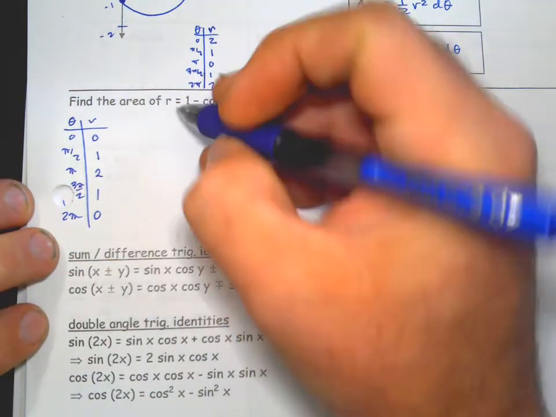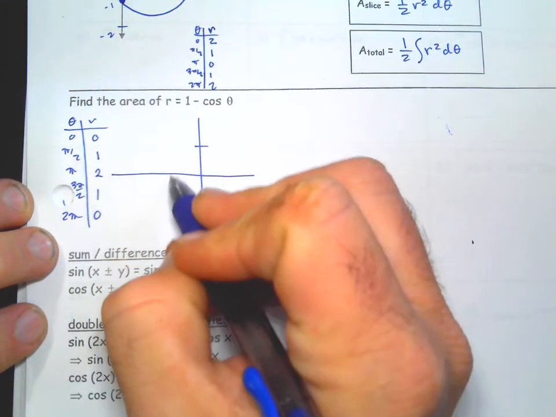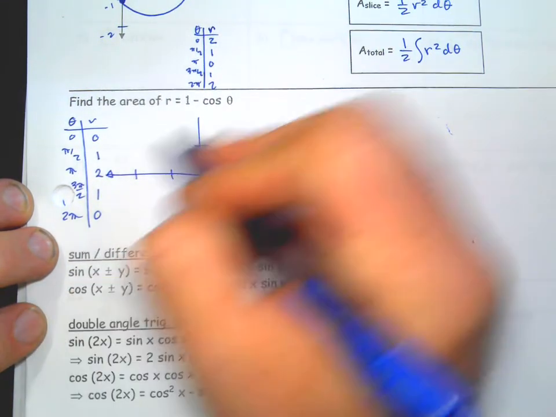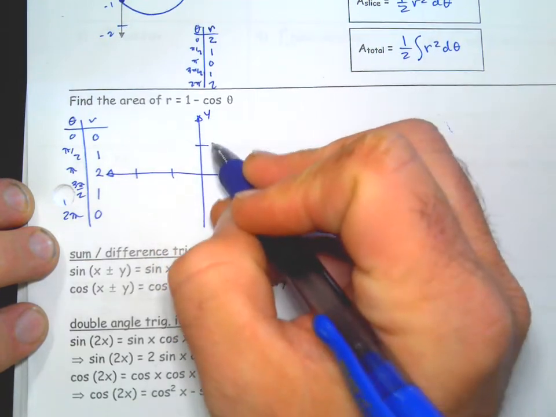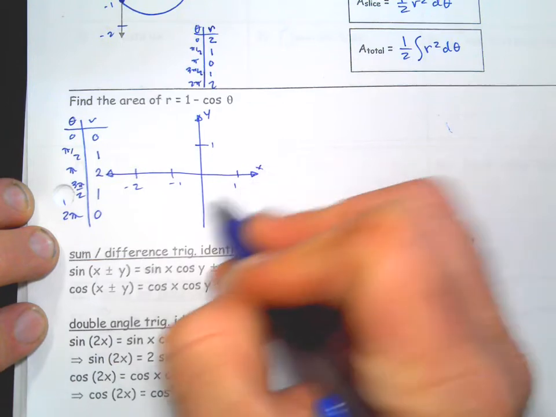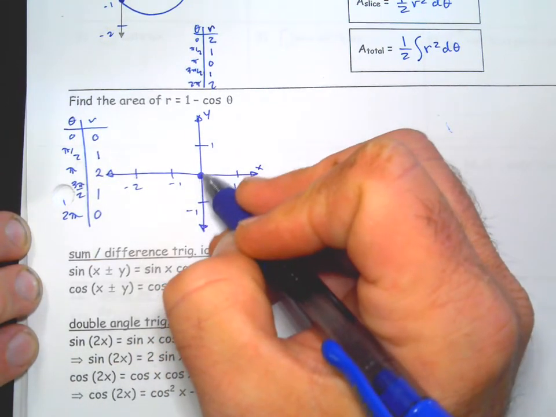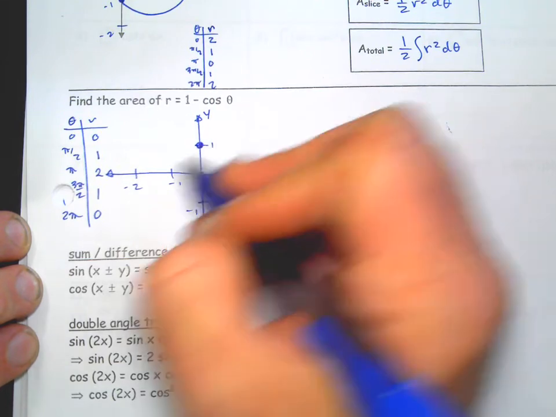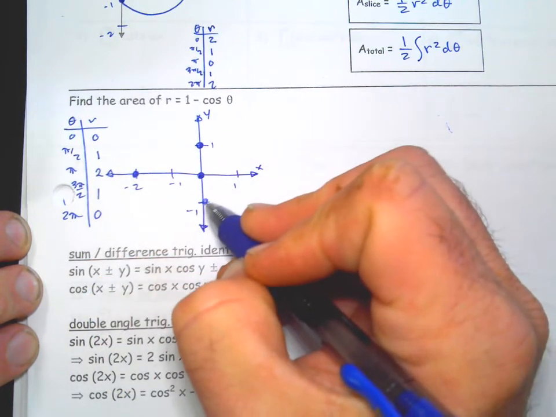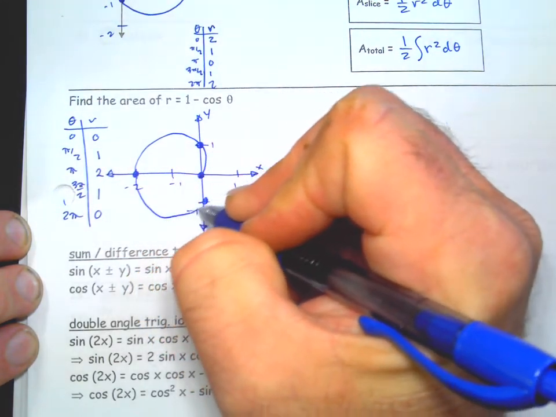So it's going to be bigger to the left side. It's definitely going to be a horizontally oriented graph. All right, so 0, 0, pi over 2, 1, pi, 2, 3 pi over 2, 1. So the cardioid looks kind of like that.